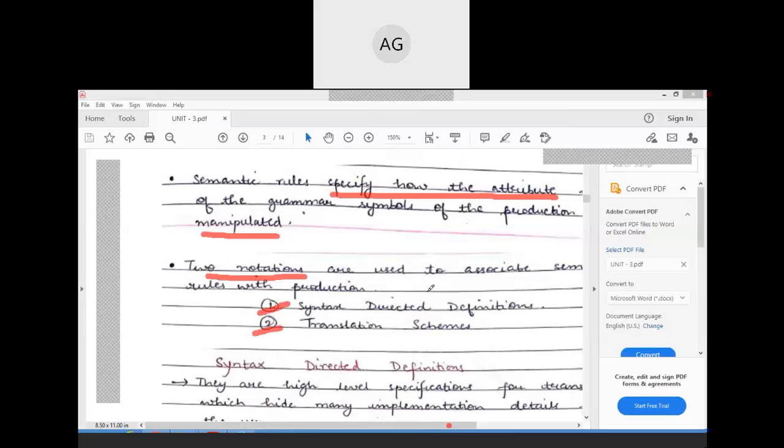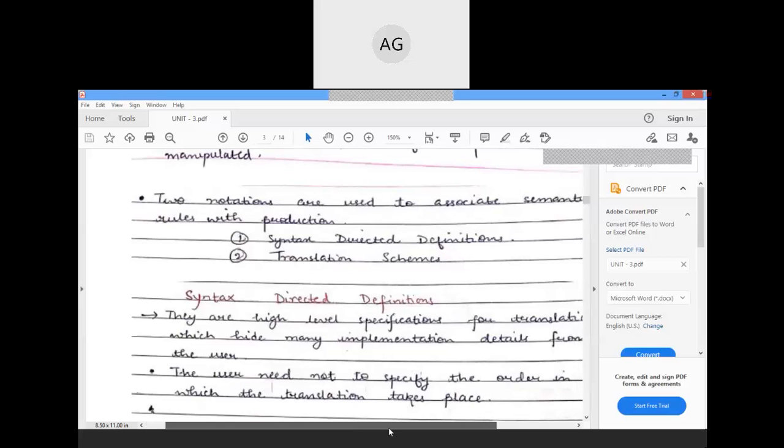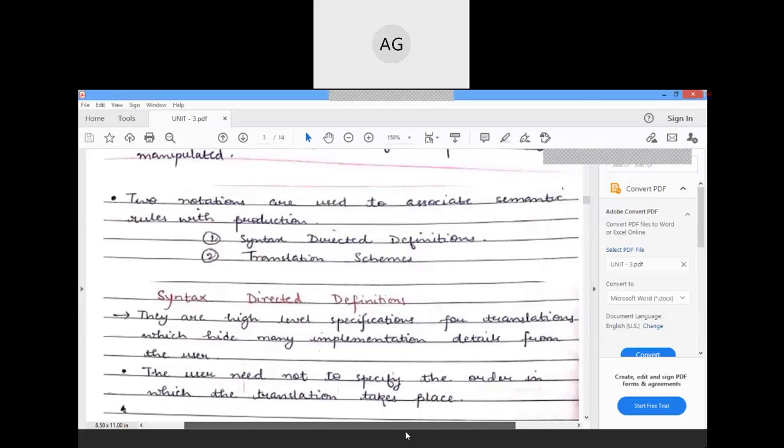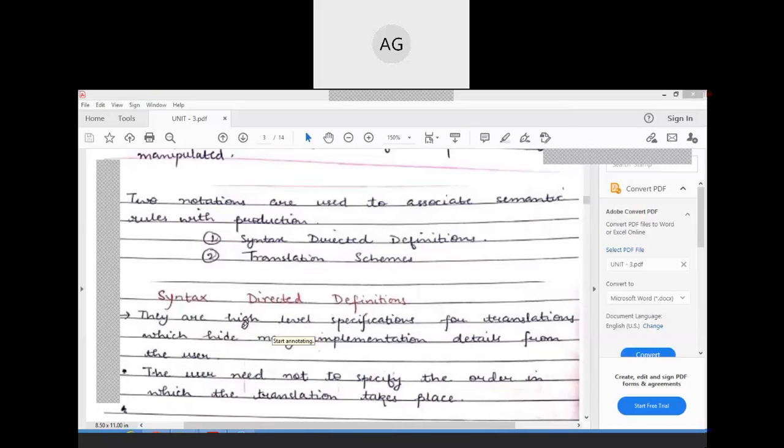As we already discussed in the first diagram of this unit, we are going to study the syntax directed definitions. Syntax directed definitions are high level specifications for translation which hide many implementation details from the user.